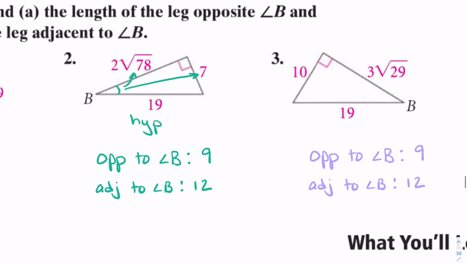So that's your hypotenuse. Remember, the hypotenuse is always opposite the right angle, making this one the opposite side, which is 7. And the adjacent side is 2 square roots of 78.